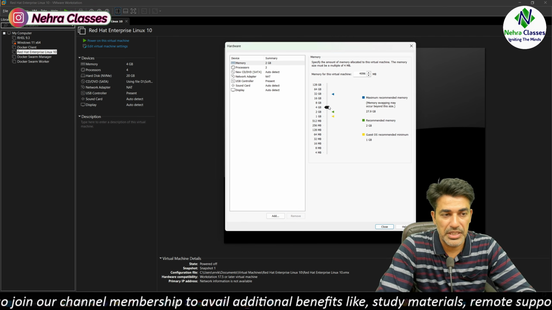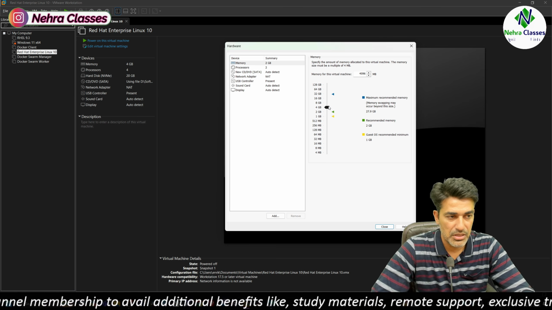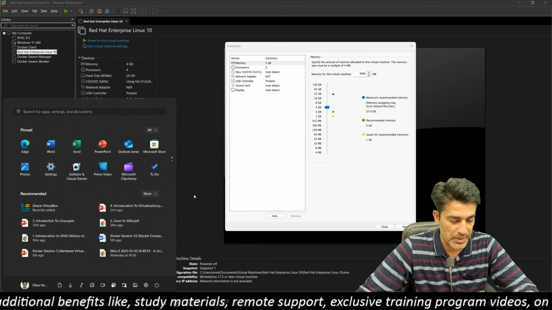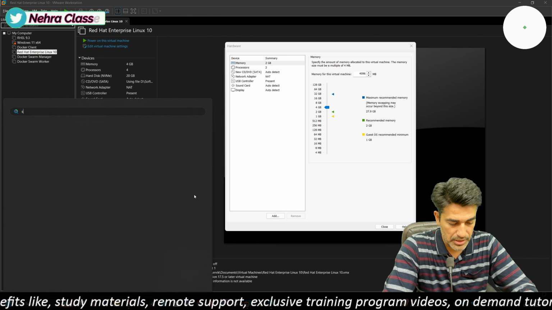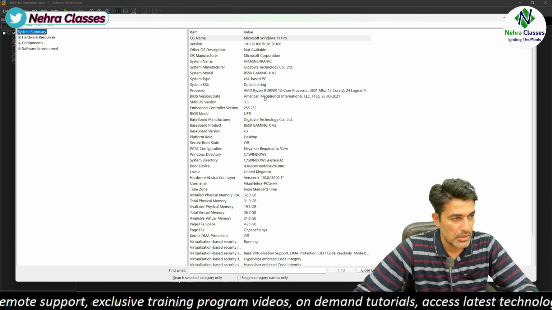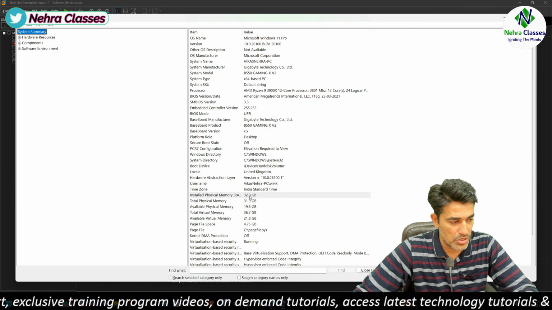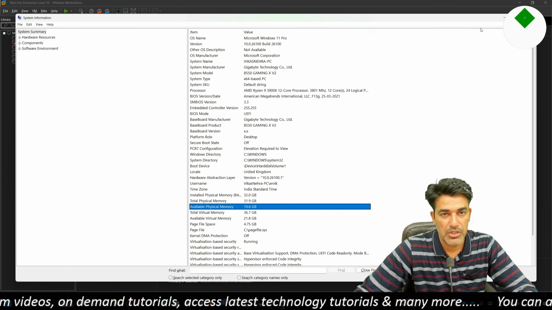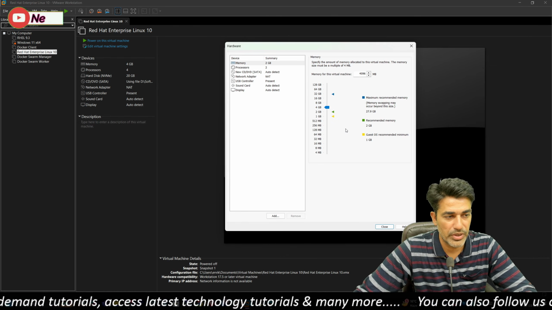I have 32 GB of RAM in this machine, and out of 32, I think more than 20 GB would be free. Let me check the system information. Here you can find the RAM size as 32 GB, and out of 32, almost 20 GB is free. So I don't need to worry about the memory.